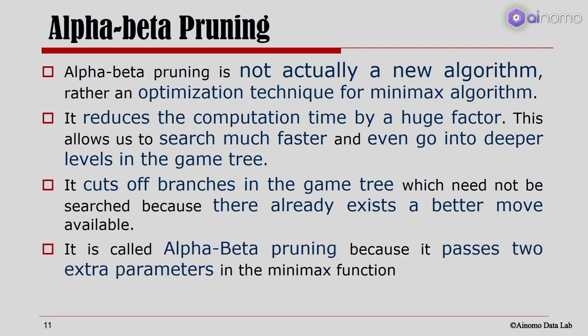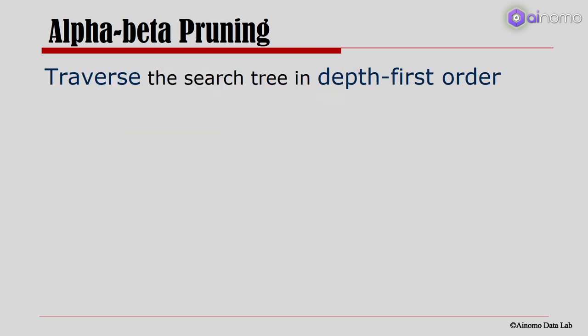It's called alpha beta pruning because it passes 2 parameters in the Minimax function, one called alpha and the other called beta. We will now focus on what is alpha, what is beta, what is an alpha cutoff and what is a beta cutoff. When doing the Minimax procedure, Minimax traverses the search tree in depth first order.